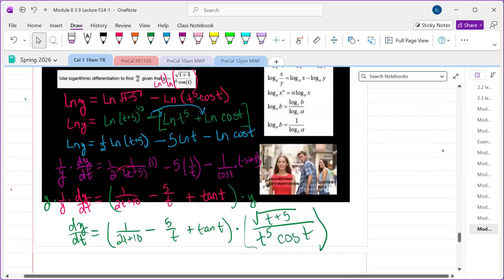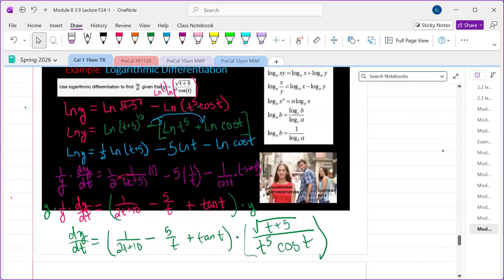Yep. Actually, I'm trying to remember if we put a logarithmic differentiation.